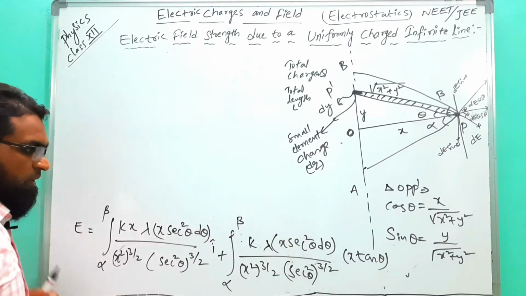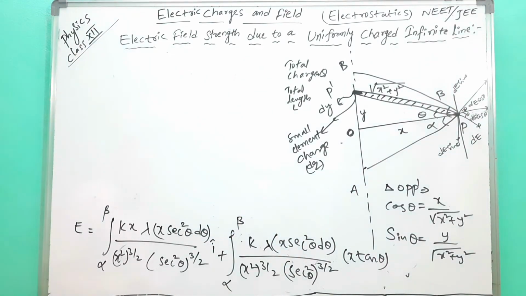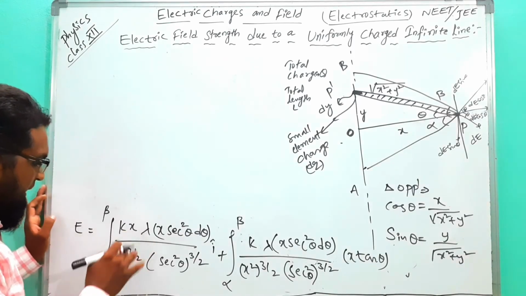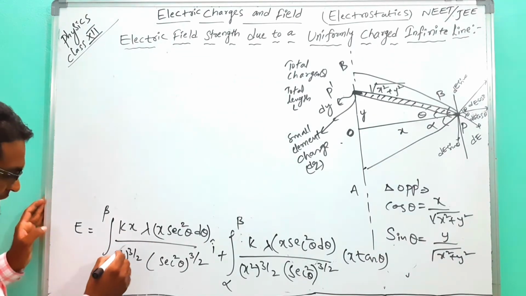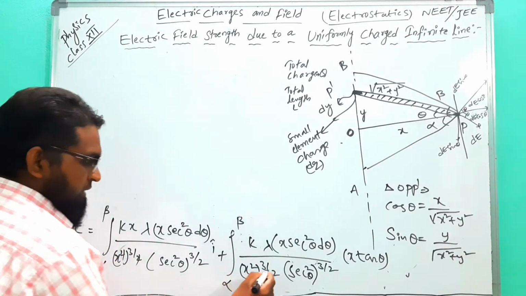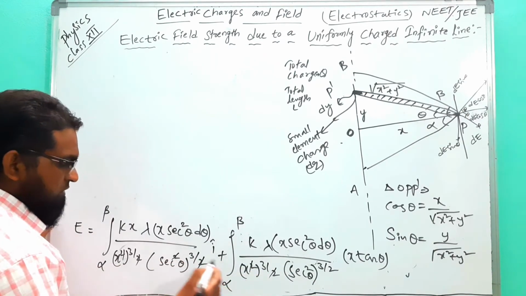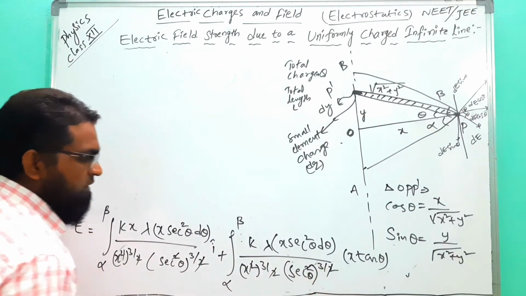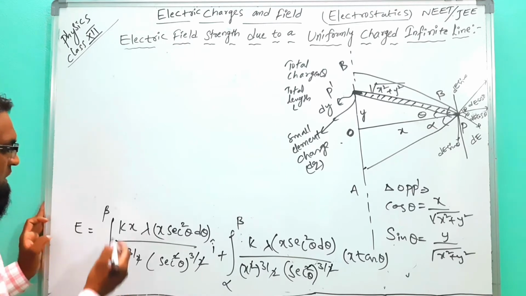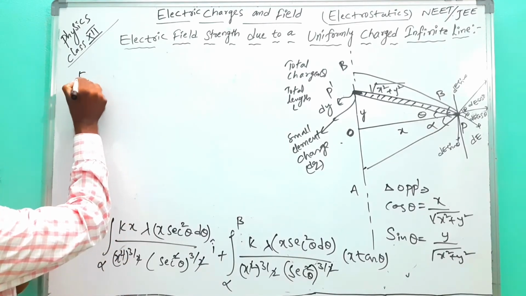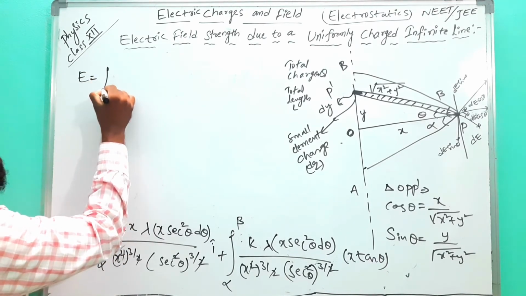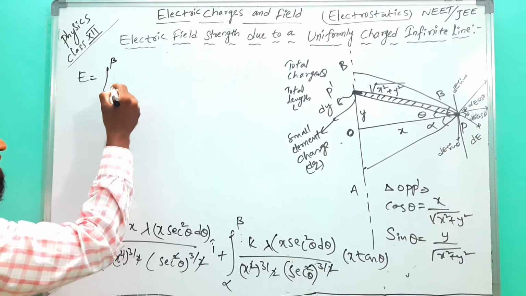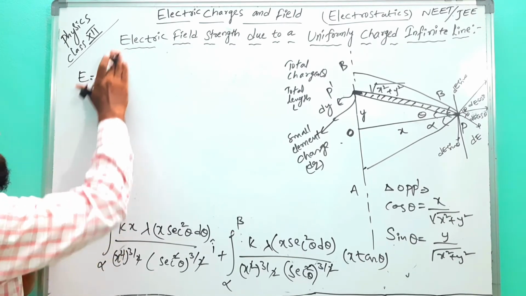See here, k and λ, and here the squares cancel, this square cancels, this square cancels. So the remaining thing: E = integration from alpha to beta, and the constant values we write.